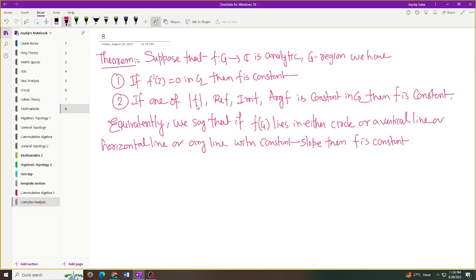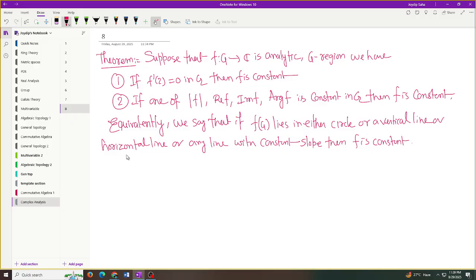So mod f is constant means f(G) lies in circle. Similarly, real f constant, imaginary f constant, argument f constant. That means it lies on a vertical line or horizontal line or any line with constant slope.